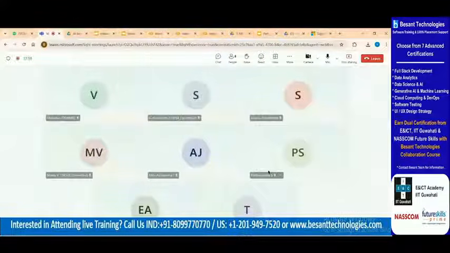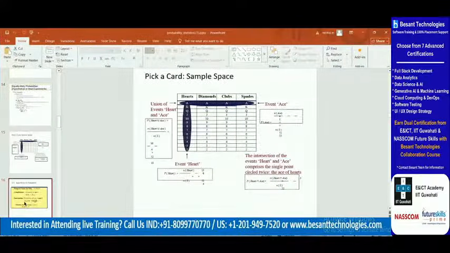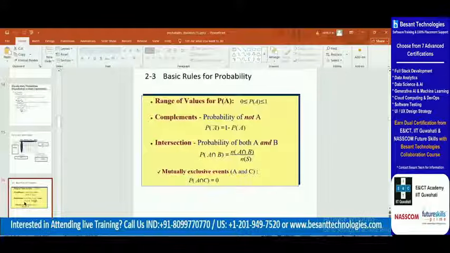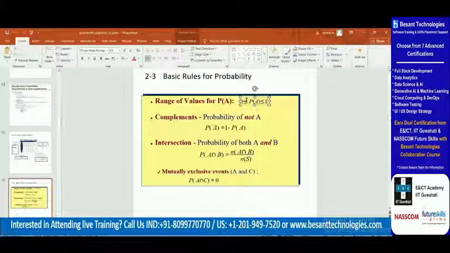So far, any doubts for anyone? No, ma'am. Okay, I already told you that probability will always range between 0 and 1, so it will always be greater than 0 and less than 1.